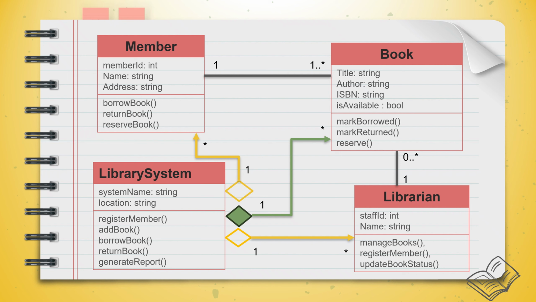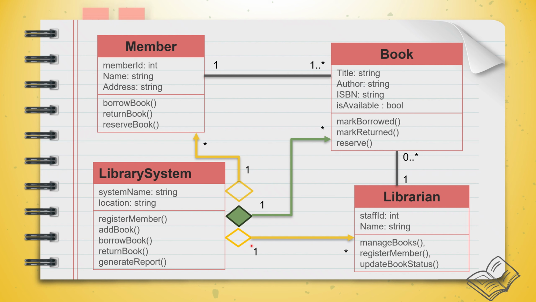According to the class diagram, there are 4 classes: Member, Book, Library System and Librarian. These are the relationships between the classes. The member and the book classes have an association relationship. A member can borrow or reserve multiple books. This is the relationship between the member and the book.